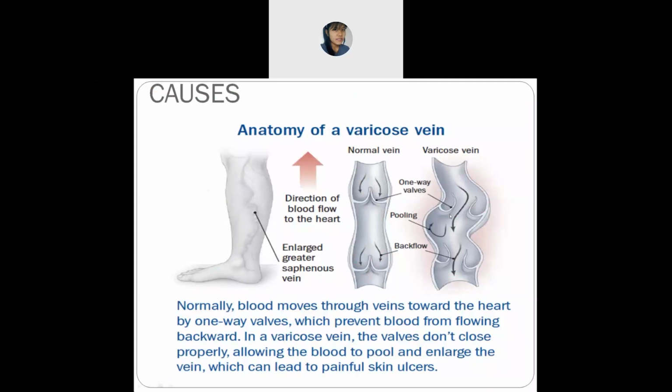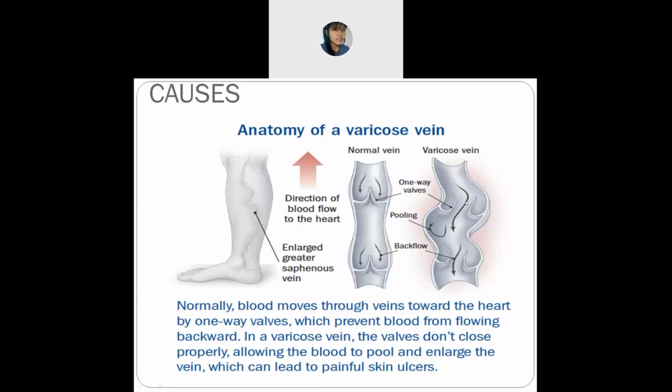But in the varicose vein, what will happen? The valves won't function normally, or else they won't function properly. So what happens there? Ultimately, there will be blood pooling. Blood pooling means what? There will be lots of blood here, and as a result, the veins will become enlarged.